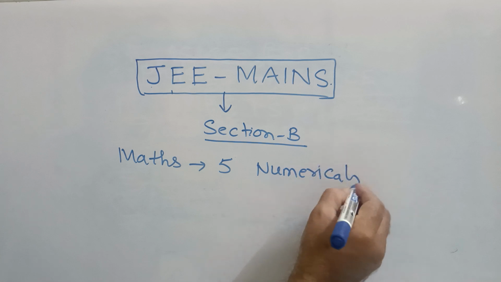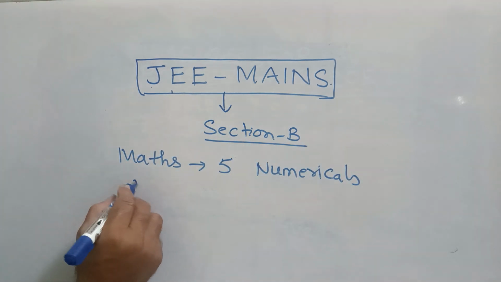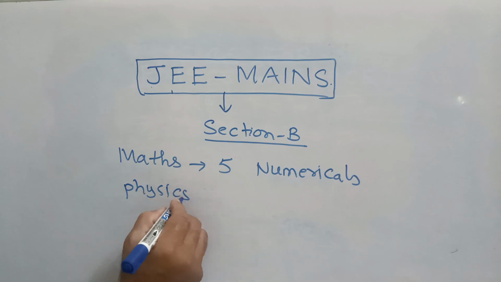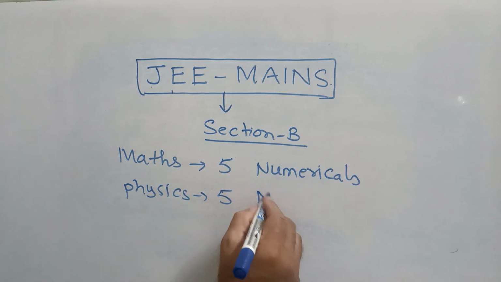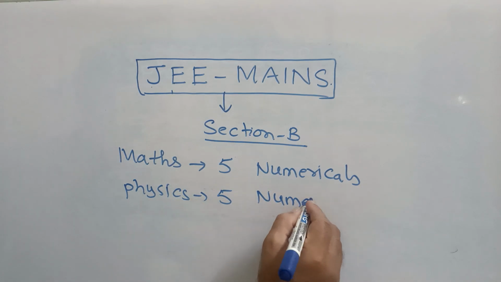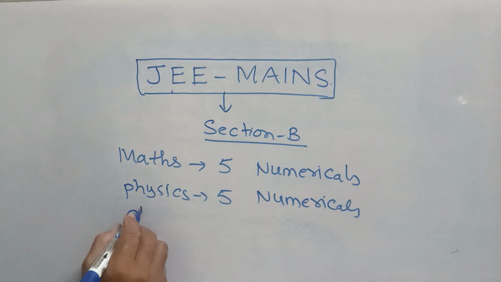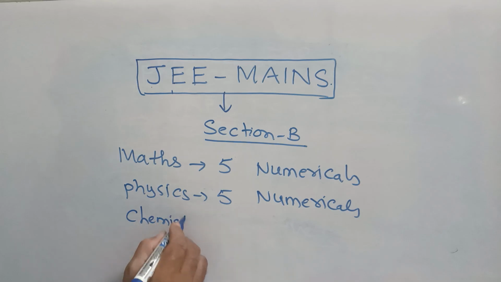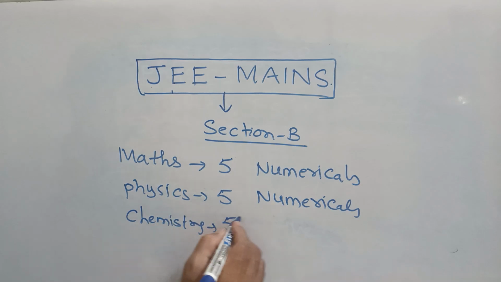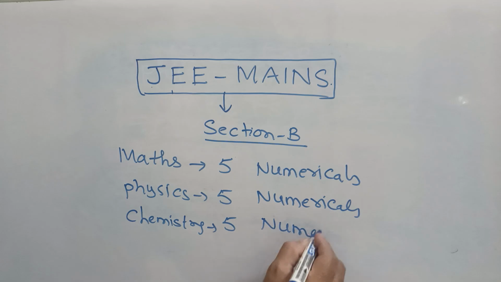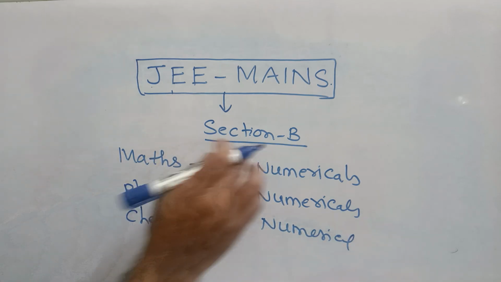Similarly, from physics, there are five numericals, and from chemistry you will get five numericals. Therefore, these are section B.